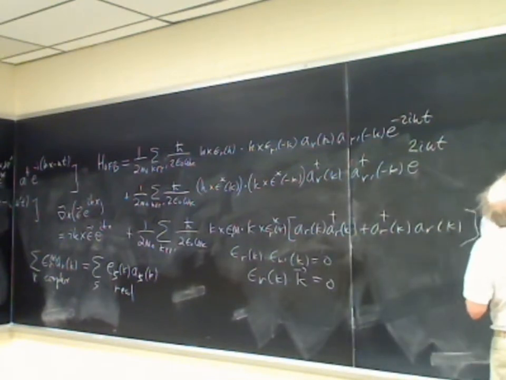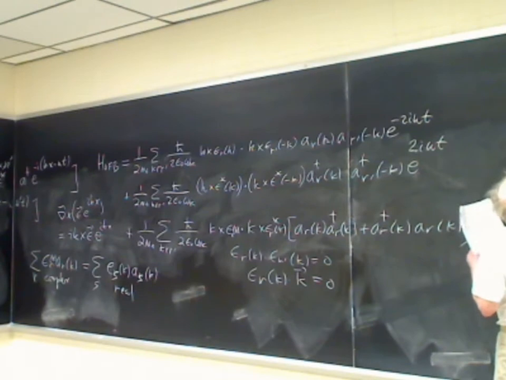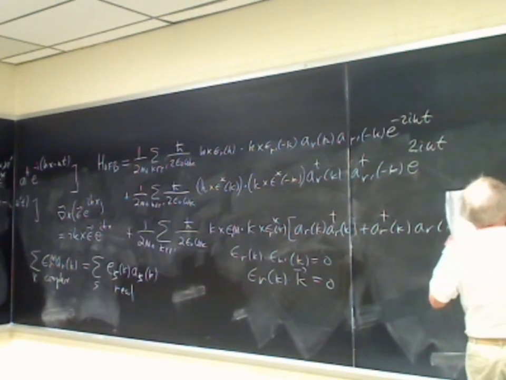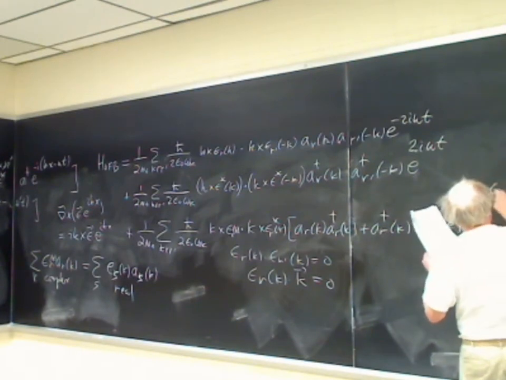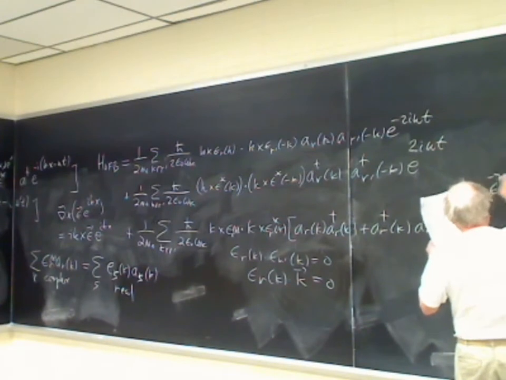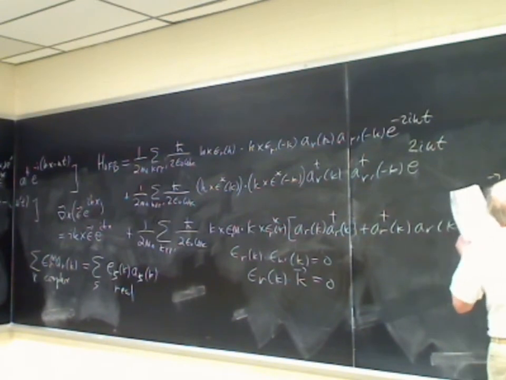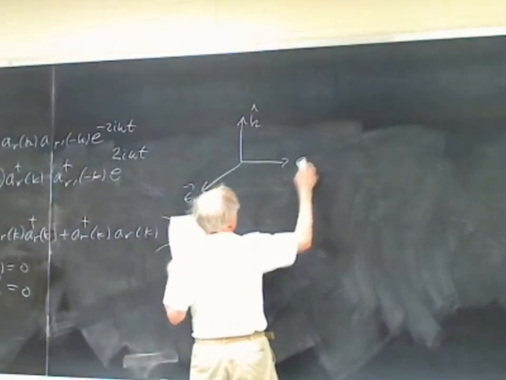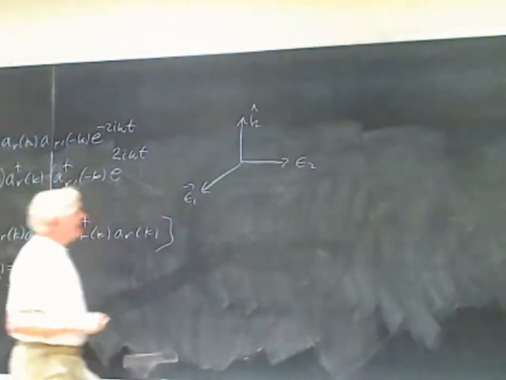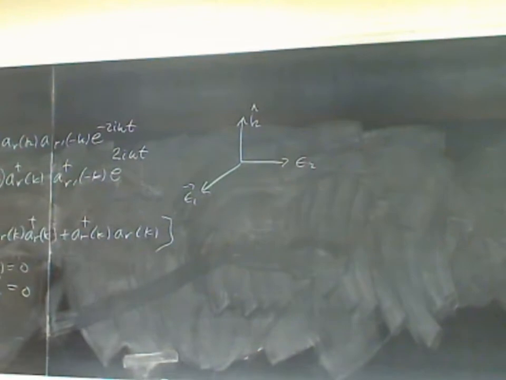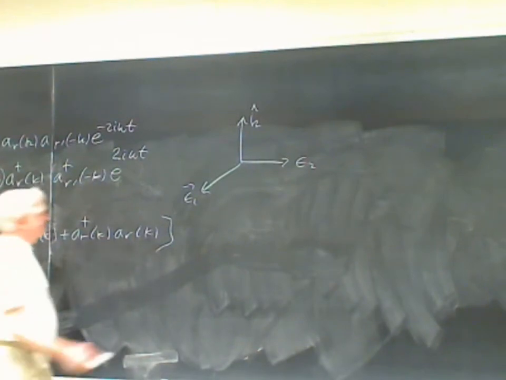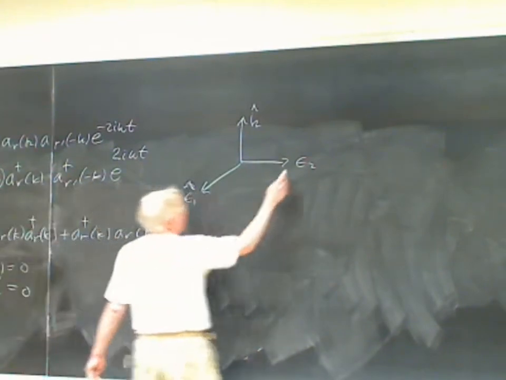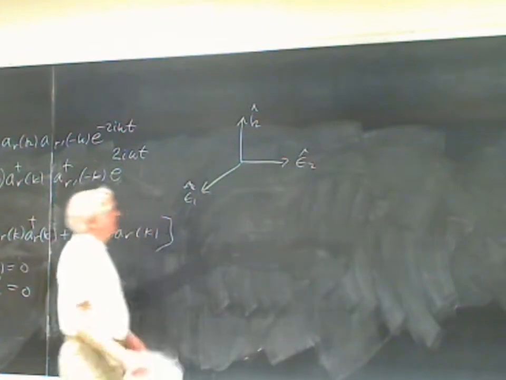one nice way of doing this is to say this is the vector, say, k hat. That epsilon 1 is in the x direction, and epsilon 2 is in the y direction. And in fact, I put a hat on k just to make it a unit vector, but we know these epsilon vectors are also unit vectors, so I really should have put hats on them like that.